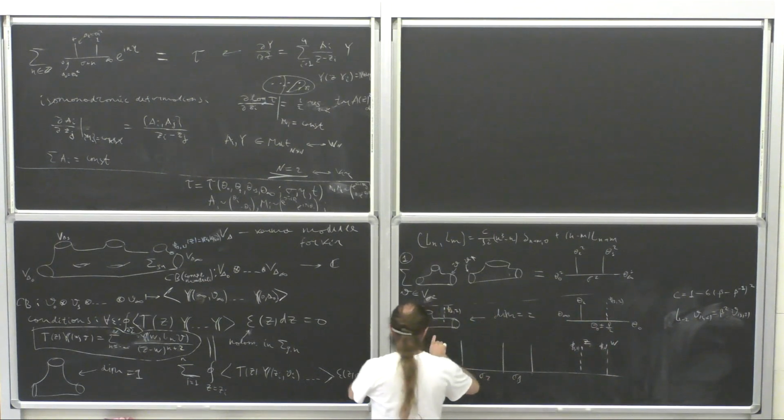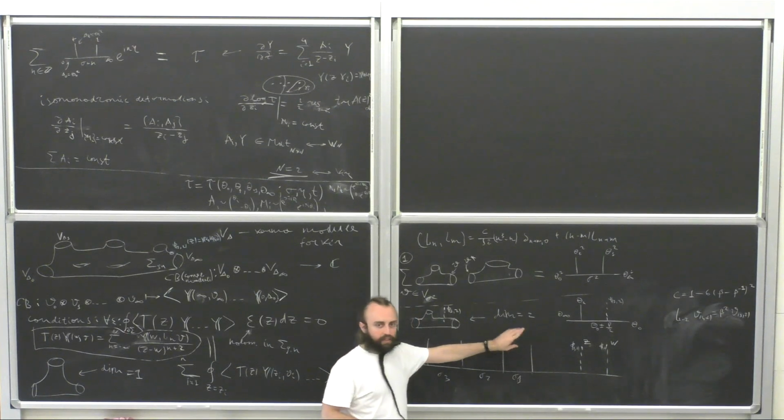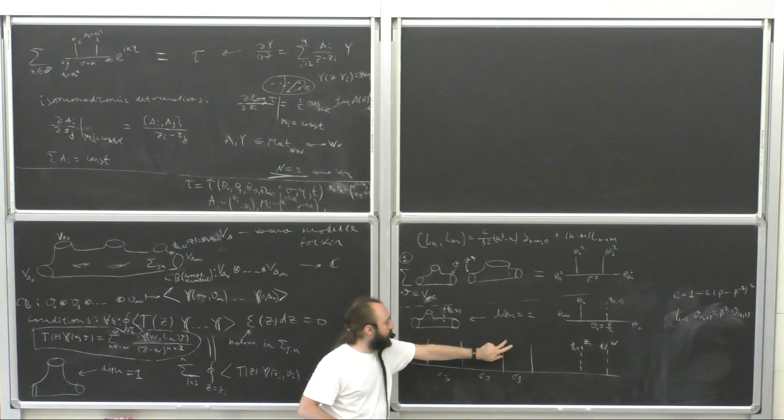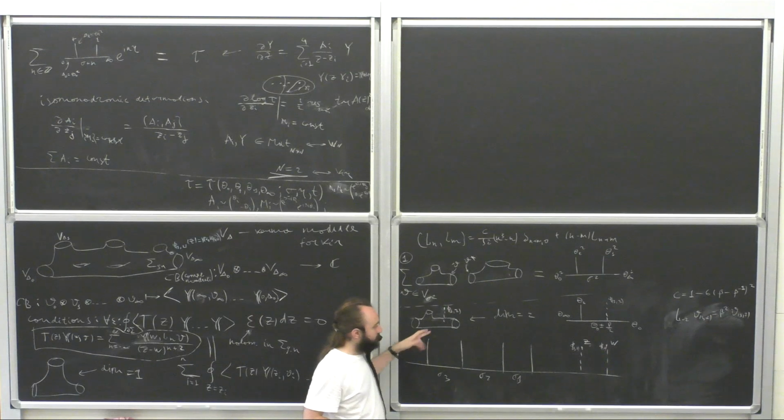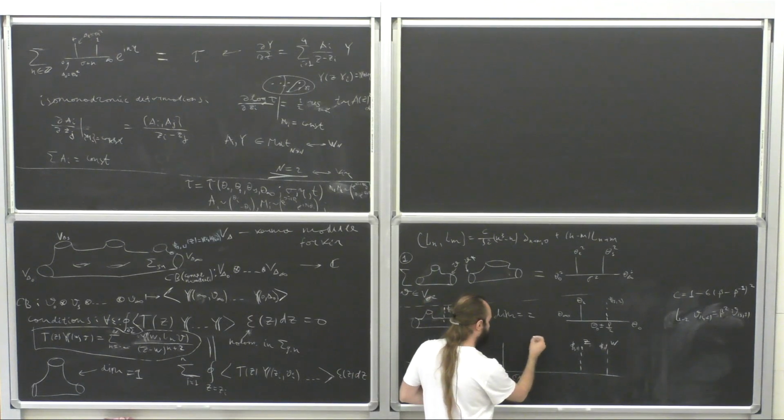So here we put highest vectors, but not necessarily. Here we can put actually an arbitrary vector. But for definiteness, let us say that those are highest vectors.